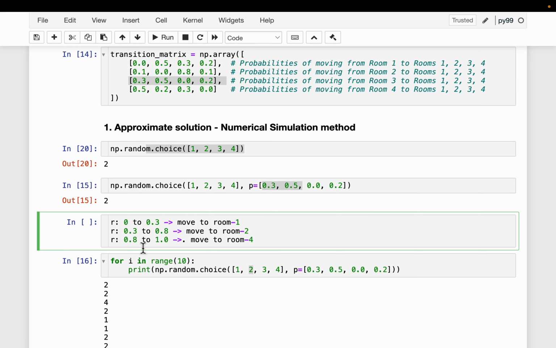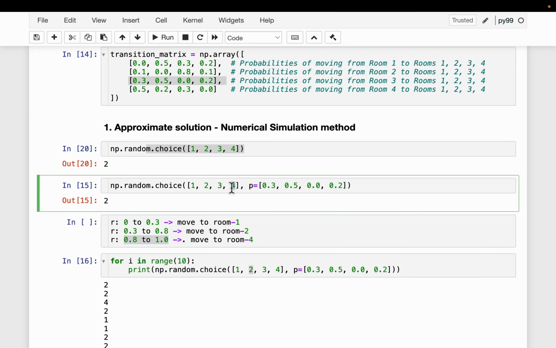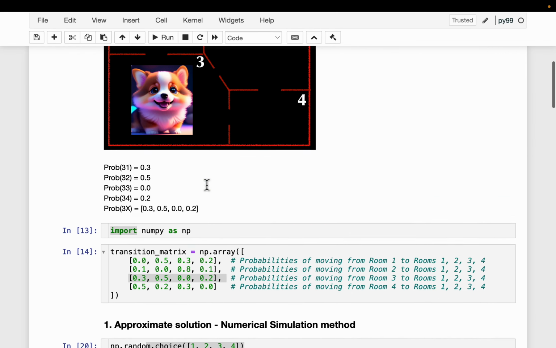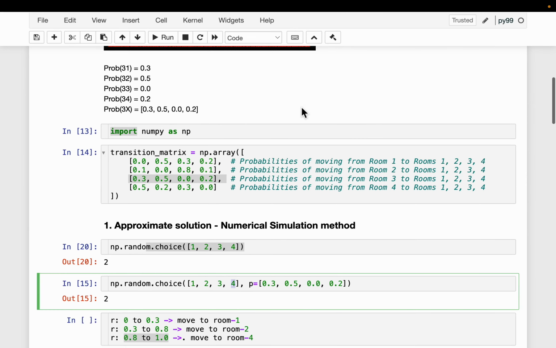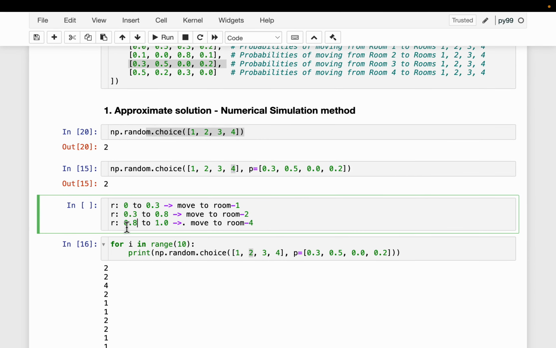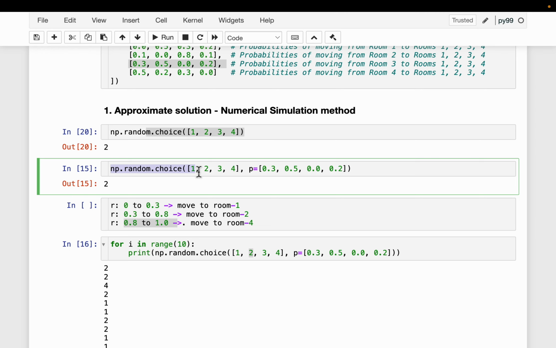And finally, if the generated number happens to be between 0.8 and 1.0, it will return number 4. So that means the cat or pet is likely to move from room number 3 to room number 4 if the generated number happens to be between 0.8 and 1.0. So we make use of this function to simulate this whole process.